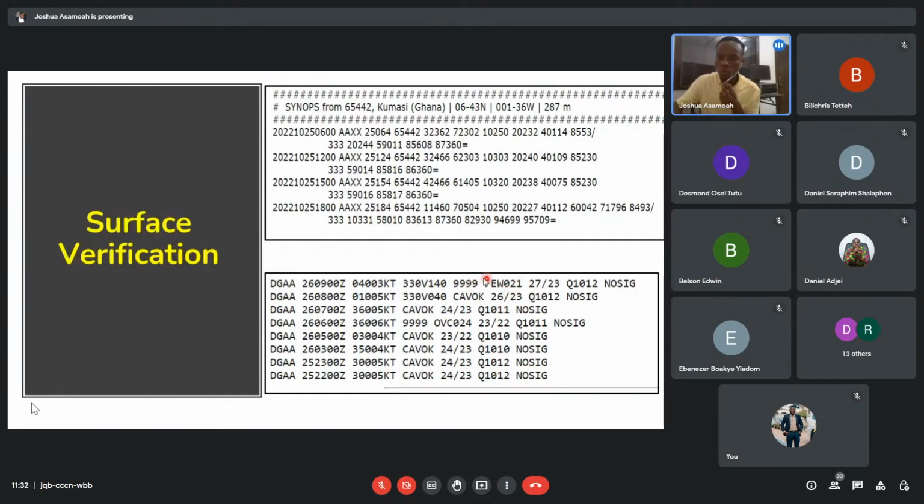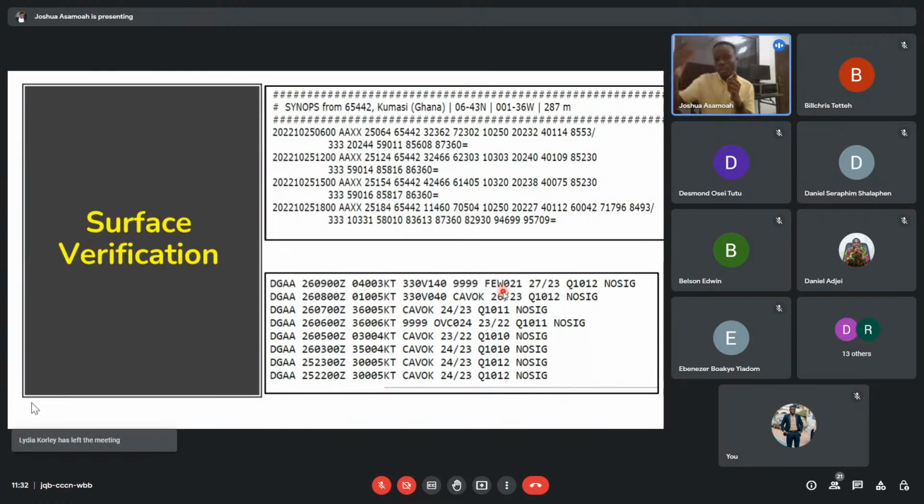Then from there, we go to the clouds. But this time around, we are not using the numbers like the synop, the 1, 2, 3 oktas, but we use the same interpretation to classify few, scattered, broken, and overcast. We can have few, FEW. We can have broken, BKN. We can have scattered, SCT. We can have overcast, OVC.